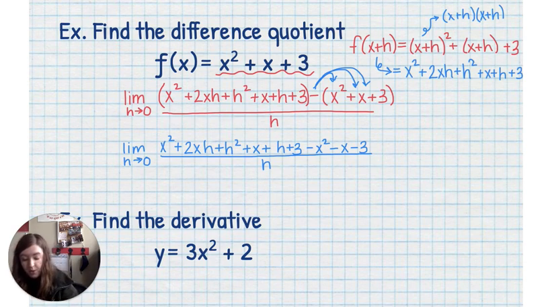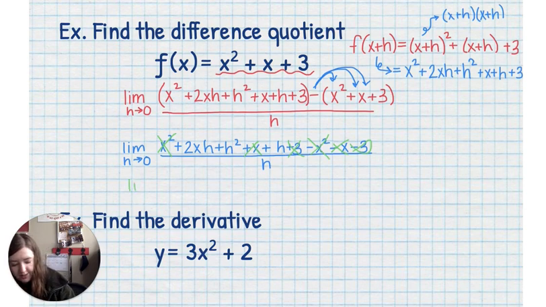So what we'll do now is go through and cancel out everything that we can. X squared, negative x squared, add to 0. Positive x and negative x, add to 0. Positive 3 and negative 3, add to 0. So we should be left with stuff just with h's left over.